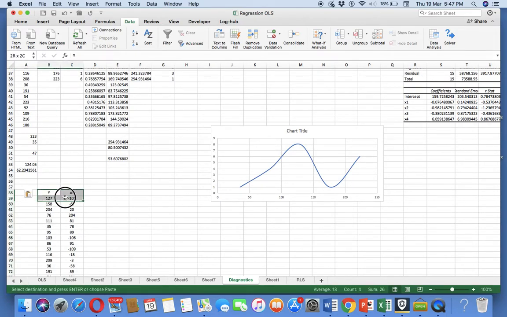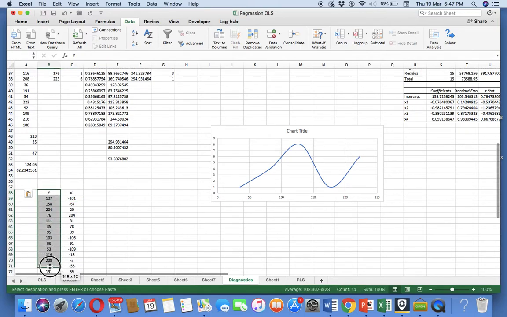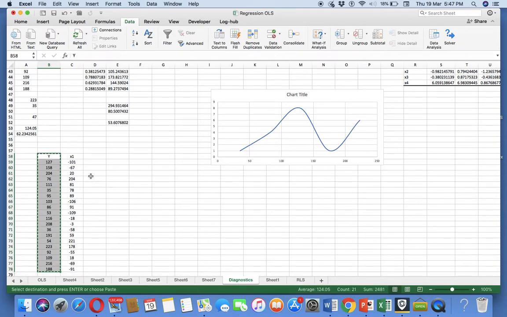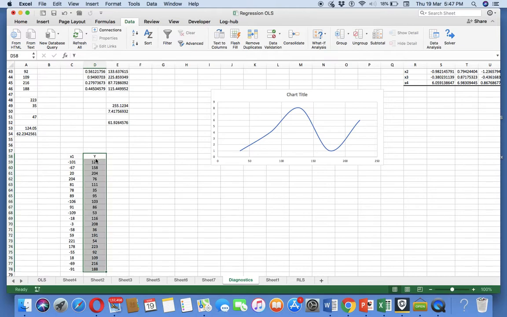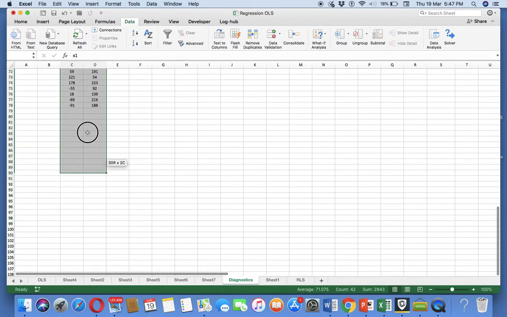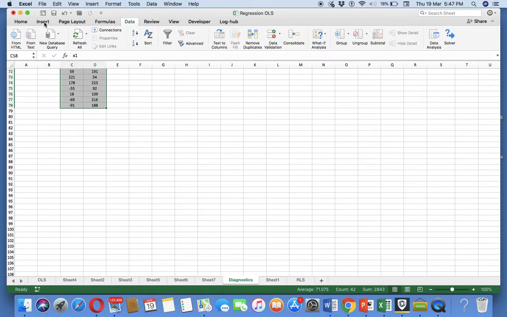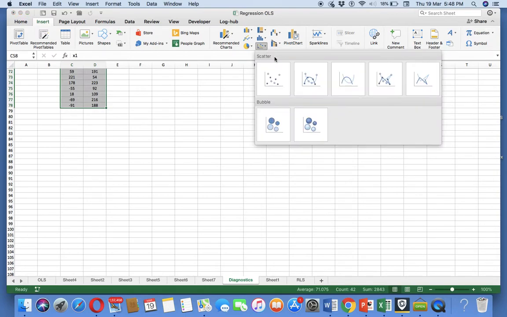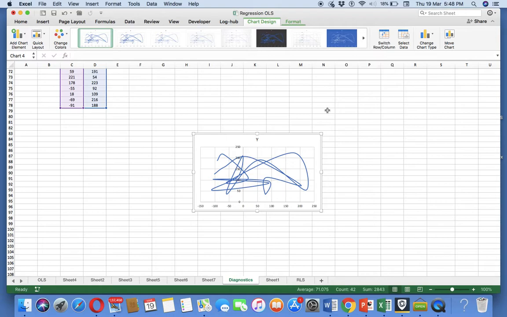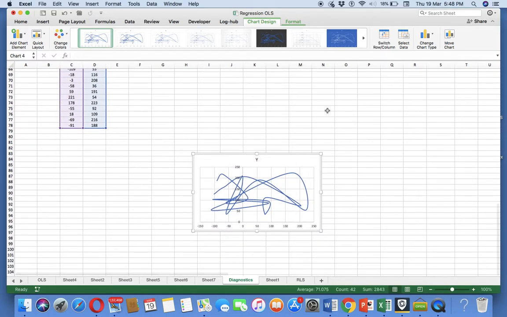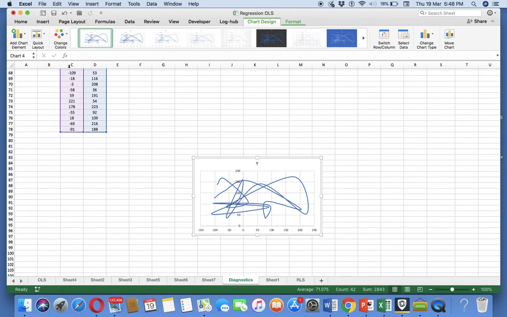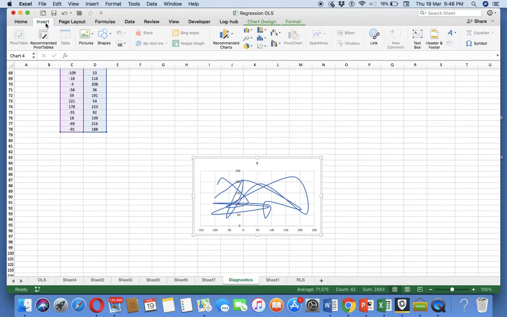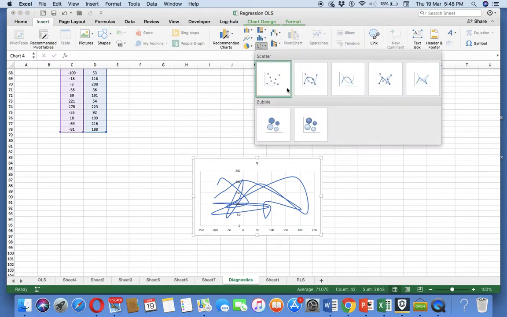Sorry, the dependent variable should be on the right hand side, so I'll rearrange it and I will get the dependent and independent variables together. So I will insert a graph, xy scatter, and then I'll show this xy. Insert xy, and I just put the points.